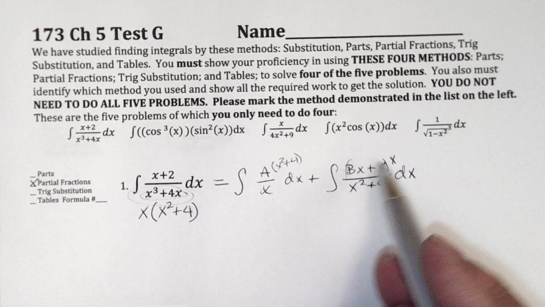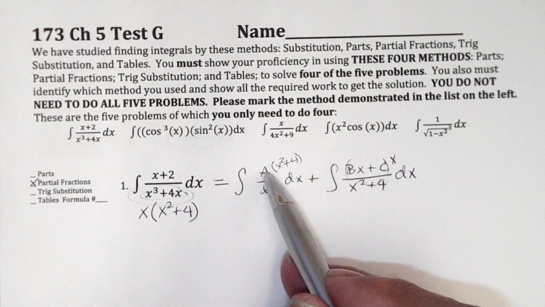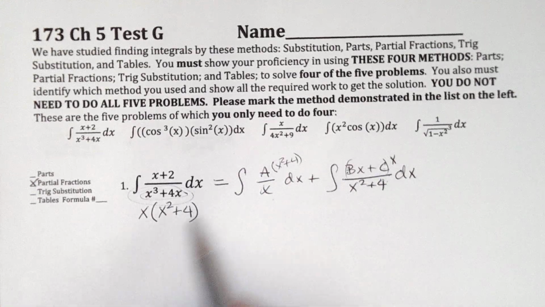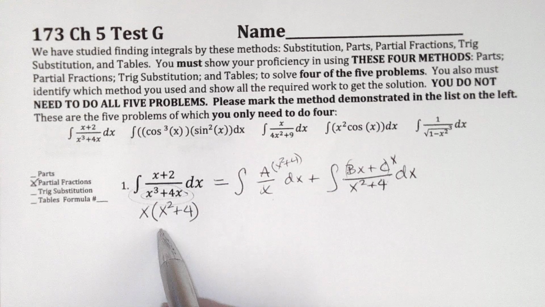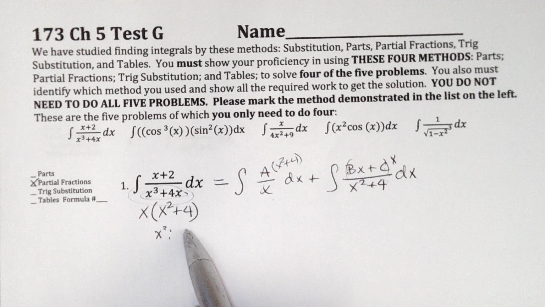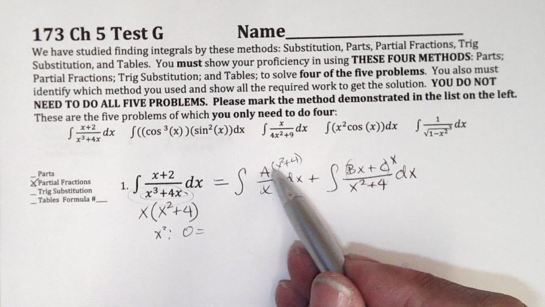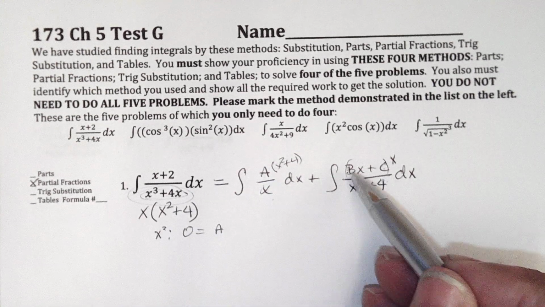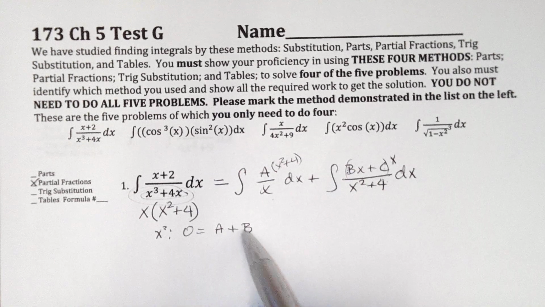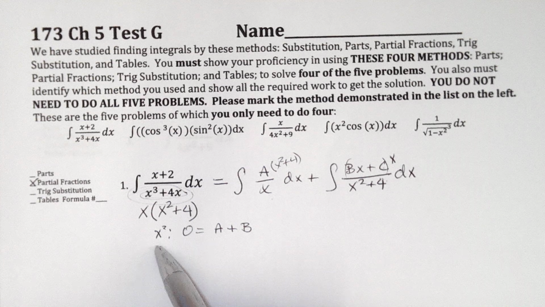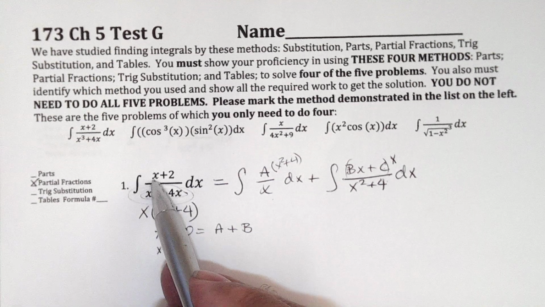But I don't really want to do that. I want to figure out what A, B, and C are. Looks like I'm getting x squareds. So I'm going to look at the x squareds, and I'm going to say there's none here, equals A there, and B here, and no more. Then I'm going to look at the x's. And there's 1 here.